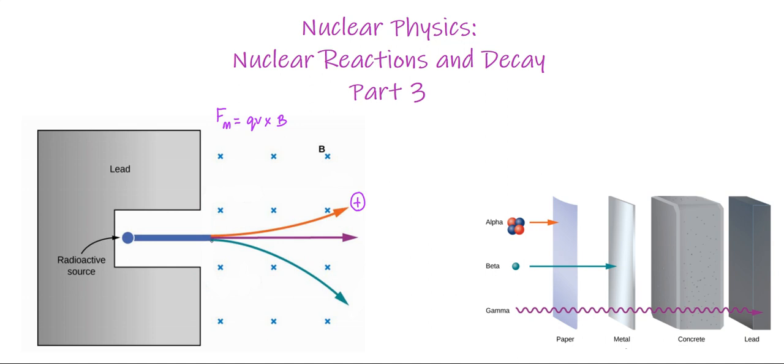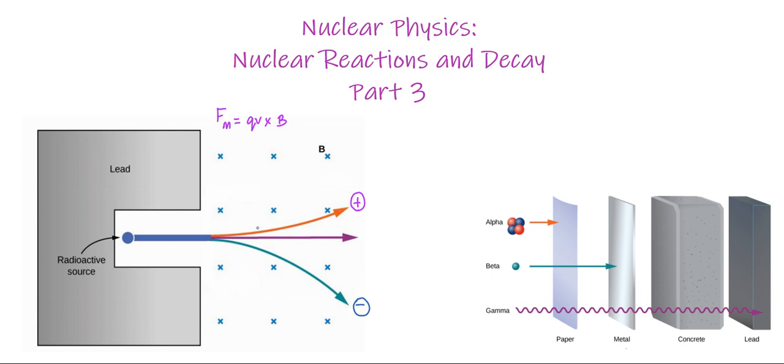Now, if we take a look at the bottom one, because it's turning exactly the opposite direction to this top one, it implies that it must be a negative charge. And if we were to use our left hand with our fingers oriented in the magnetic field direction and our index finger oriented in the initial velocity trajectory, we would see that in fact the magnetic force would point down.